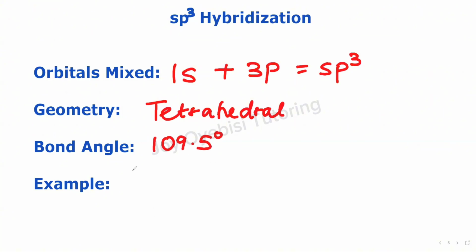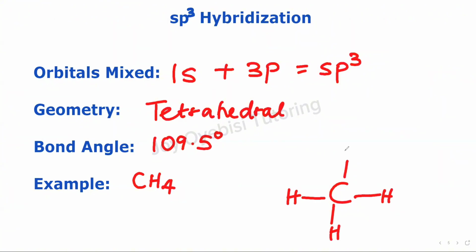A typical example is methane, CH4. So you have carbon as a central atom with 4 of the hydrogens attached to it. Okay, so whenever you see a compound that has 4 things attached on that central atom, we call that tetrahedral. And the hybridization will be sp3.